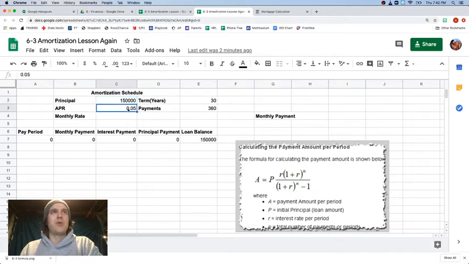The rate at which we are borrowing, the annual percentage rate, or APR, is 5%, 0.05. We are going to be paying this house off over the course of 30 years, and with 12 months in a year, that means we'll be making 360 payments to the bank or the lender.